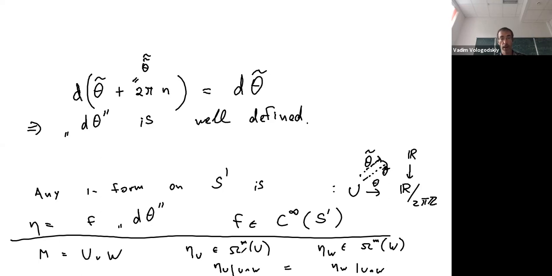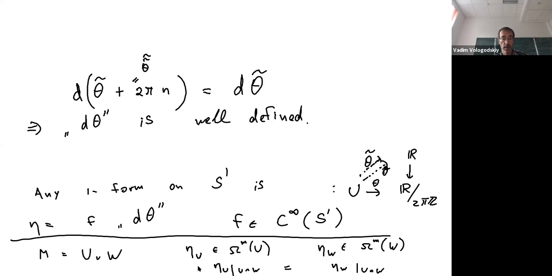So what do I mean by restriction? A form is a map that assigns to every point a cotangent vector. So in particular, I can restrict a form to an open subset. So suppose that these two restrictions are equal.